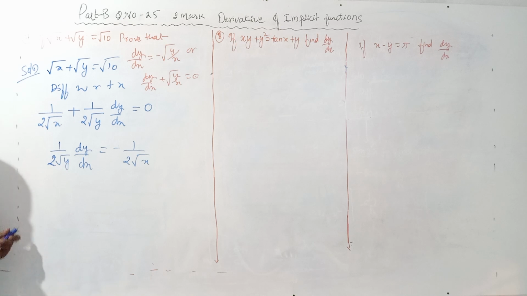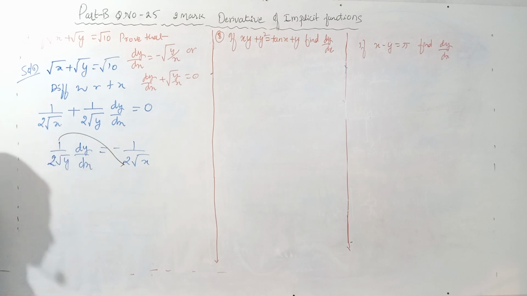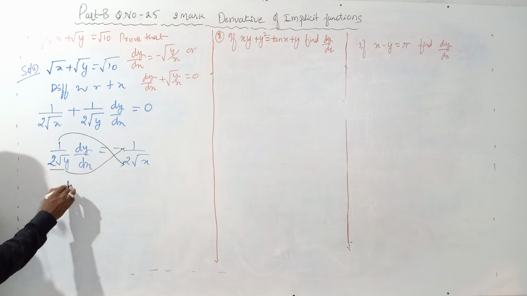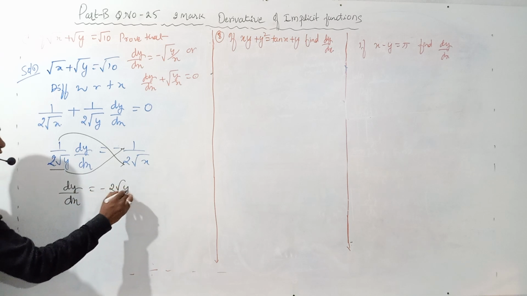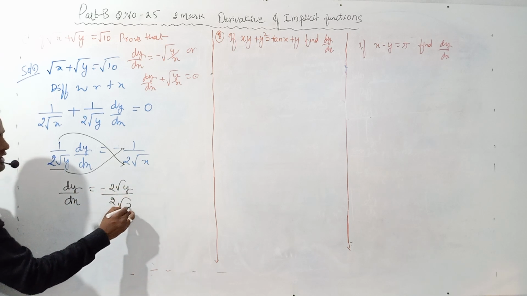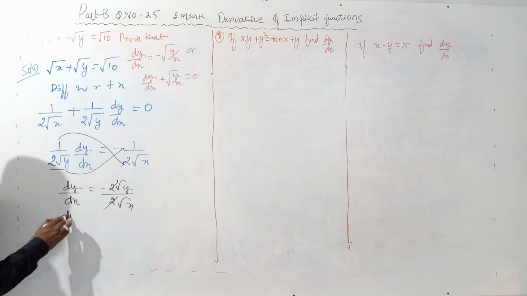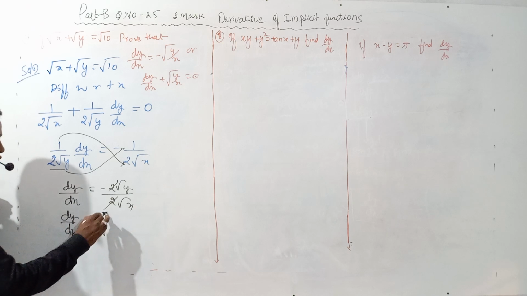Now see here, this 1 into 2 root x, this 2 root y into 1, so 2 root y dy by dx is equal to minus 2 root y divided by 2 root x. This 2 gets cancelled. Now dy by dx is equal to minus root of y by x.